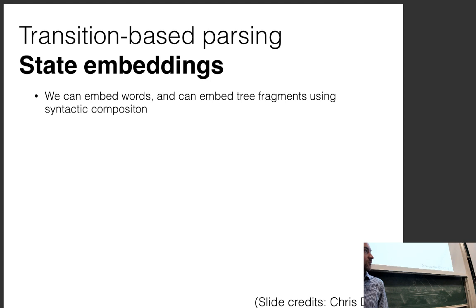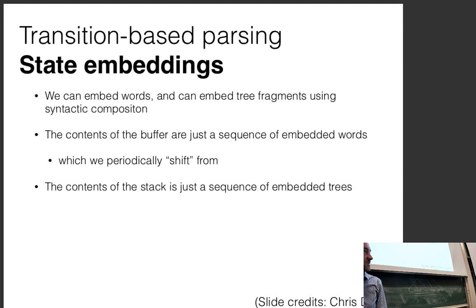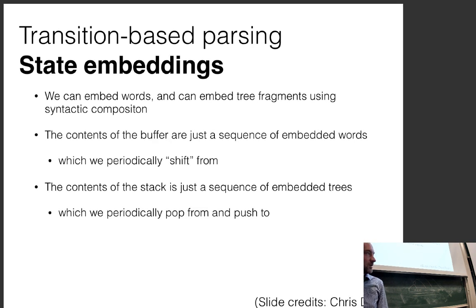The way we do this is by embedding tree fragments using one of the syntactic composition functions that we talked about before. So the contents of the buffer are just sequences of embedded words, which we shift from. The contents of the stack are sequences of embedded trees, which we periodically pop and push from.